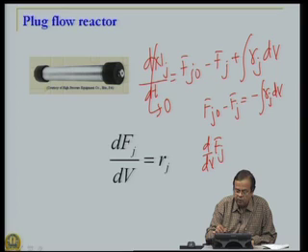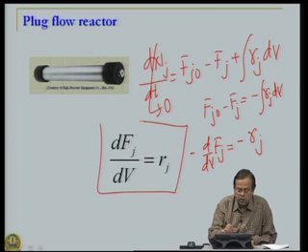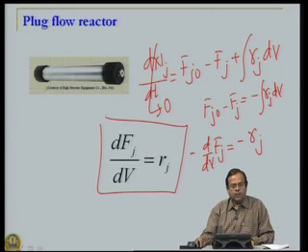So, d dV of Fj is nothing but Rj, or dFj dV equal to Rj. This is our mass balance equation for a plug flow reactor.